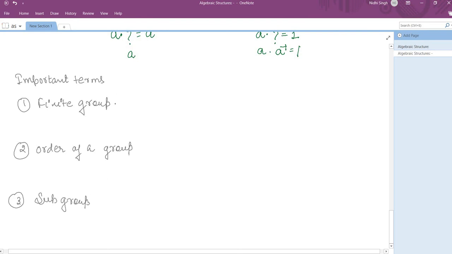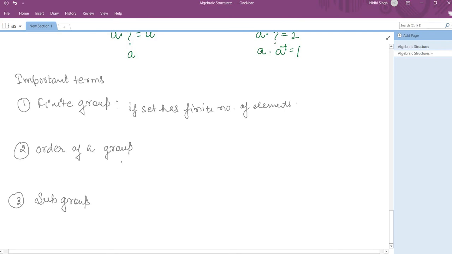So what is a finite group? A finite group is very simple. A group is called a finite group if the set has a finite number of elements. Otherwise it is called an infinite group.